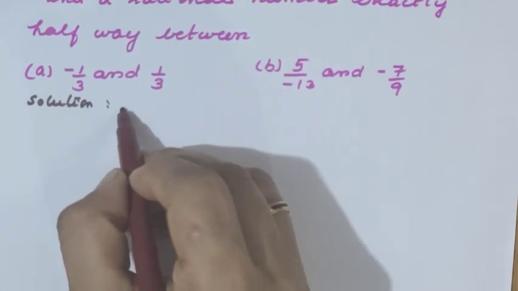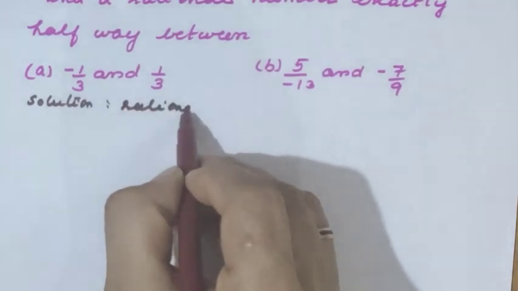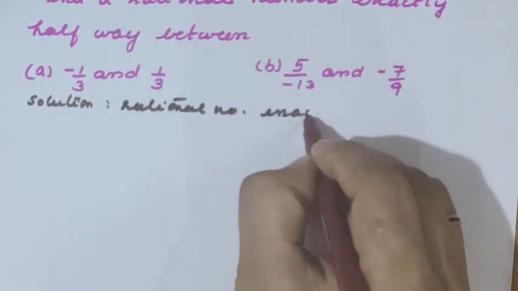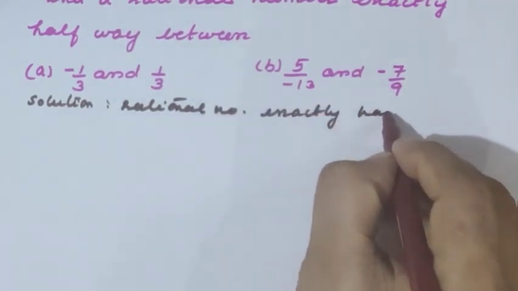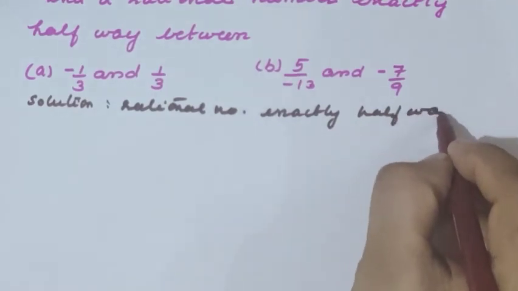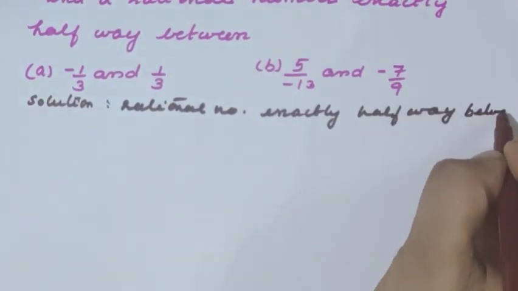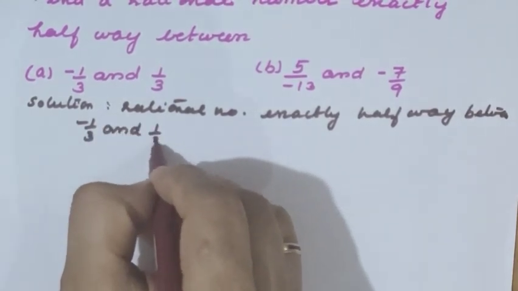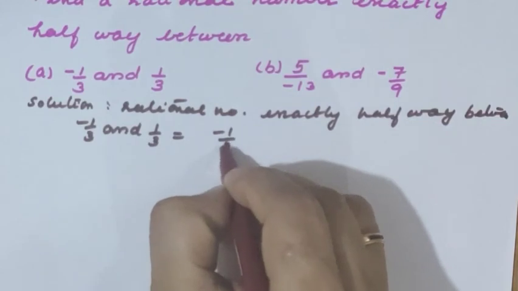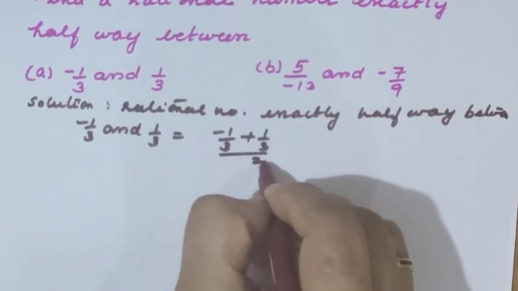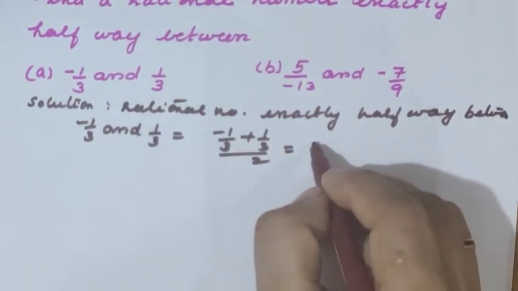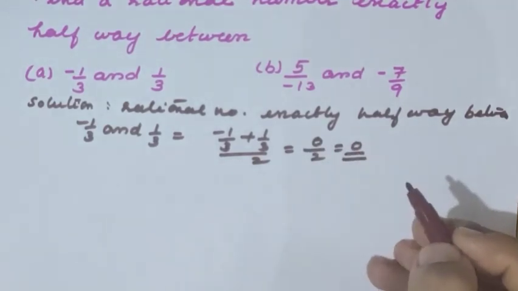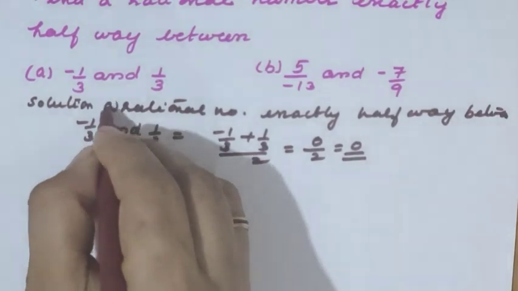So the rational number exactly halfway between minus 1 by 3 and plus 1 by 3 equal to minus 1 by 3 plus 1 by 3 divided by 2. That is, both are opposite sign, it will get cancelled. 0 by 2 equal to 0, right? This is the first question, right?